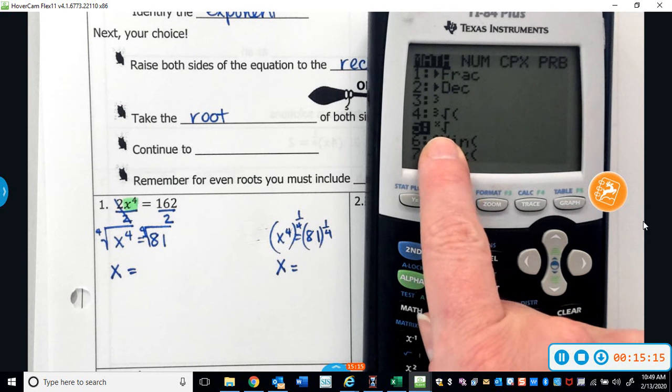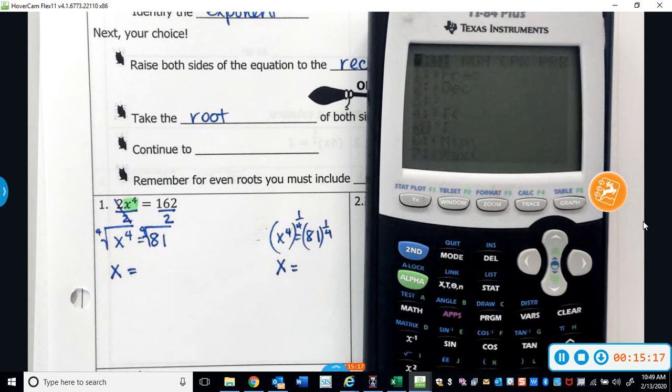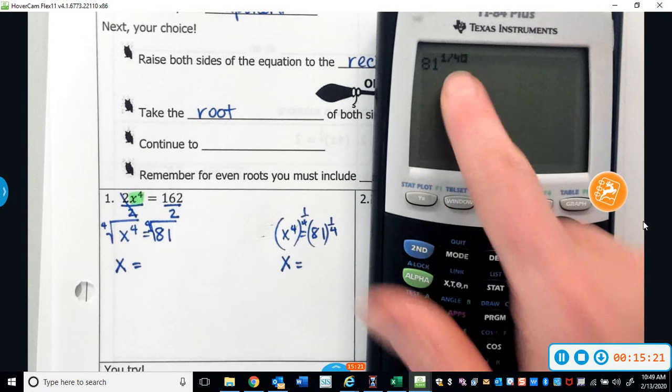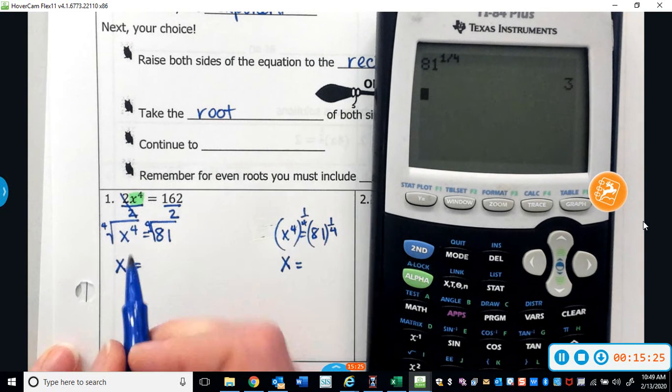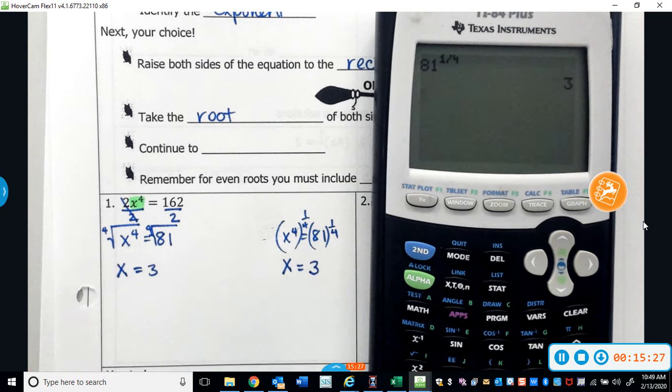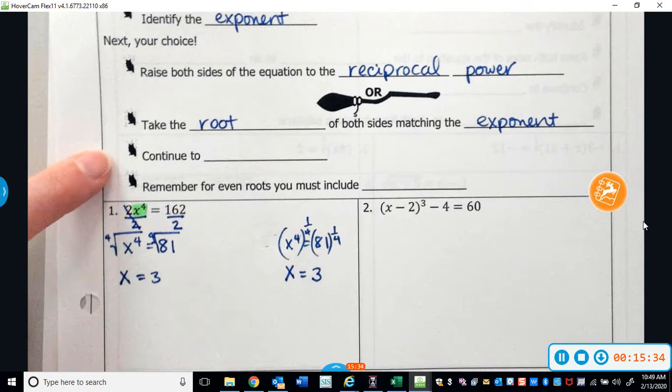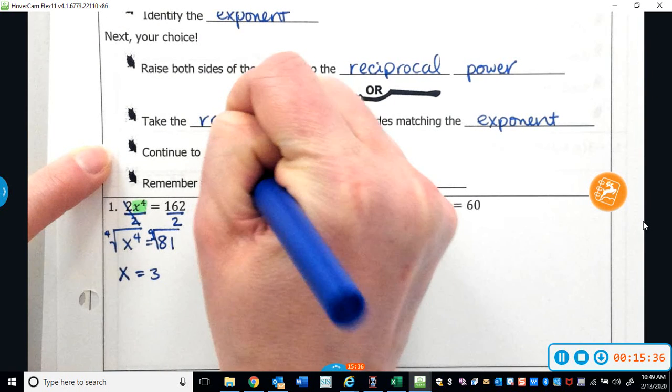So you could do that and just type in a 4 there. Or you could say, I know that 81, when I raise it to the 1/4 power, is going to also do a fourth root. And that'll give you your answer in the end. So no matter which way you do it, you're going to end up with a 3 is your answer. Questions about that? Okay. So we have continued to solve for the variable. We got it by itself.